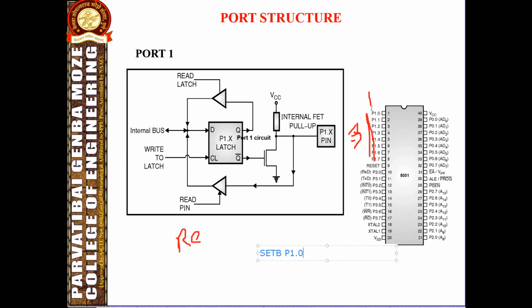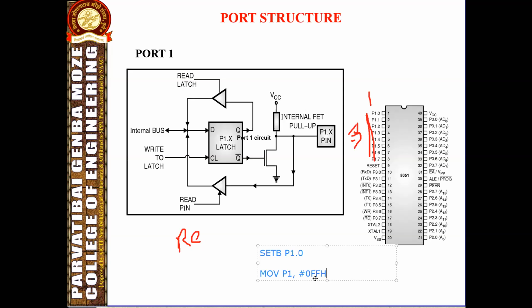If I want to set all these pins high at a time, then we have to execute another instruction, that is MOV P1, #0FFH. The value 0FFH means the highest, all bits high.